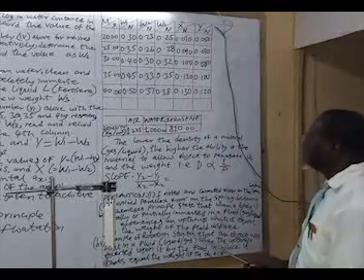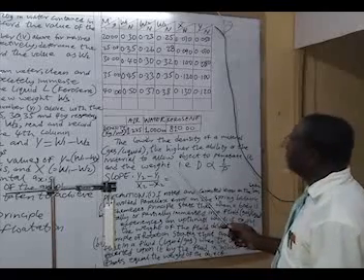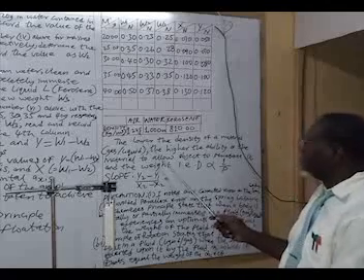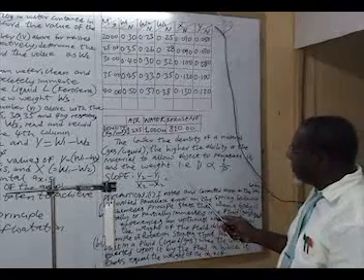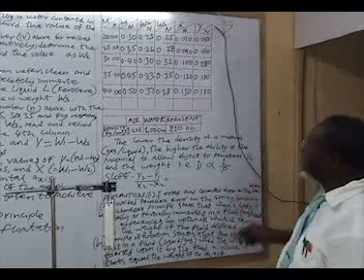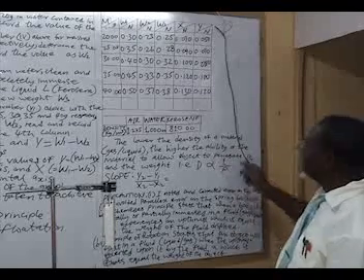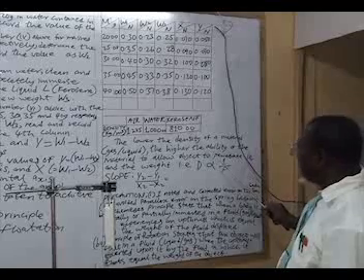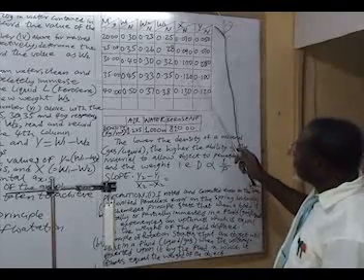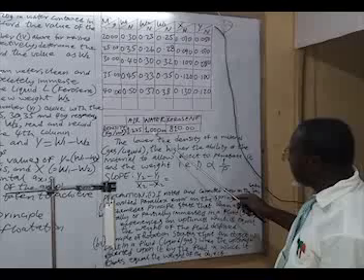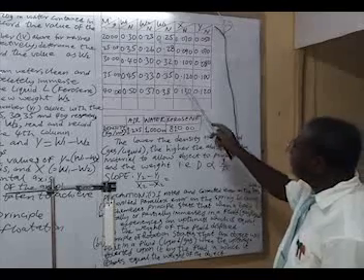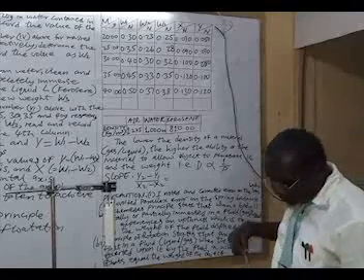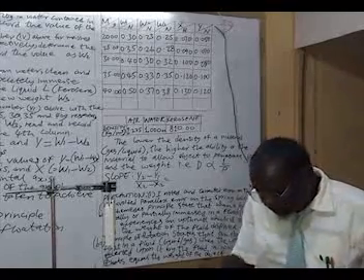The reason being that, as I told you earlier on, density of air is the lowest, so it will allow the object, standard mass, to penetrate deeper, while the density of kerosene is the next, 810 kilogram per meter cube, so it will follow that. Density of water is greater, 1000 kilogram per meter cube, in SI unit, so that one will not allow the object to penetrate as it lies.